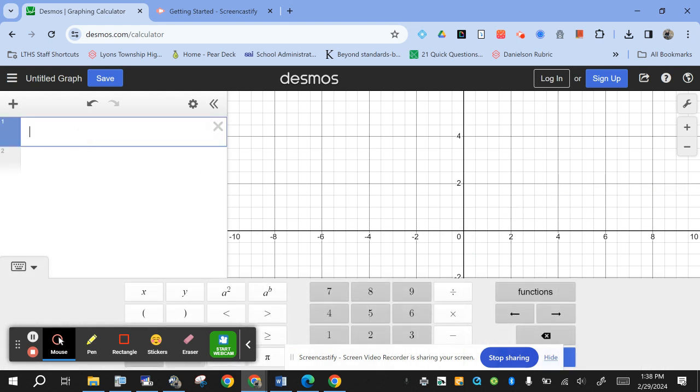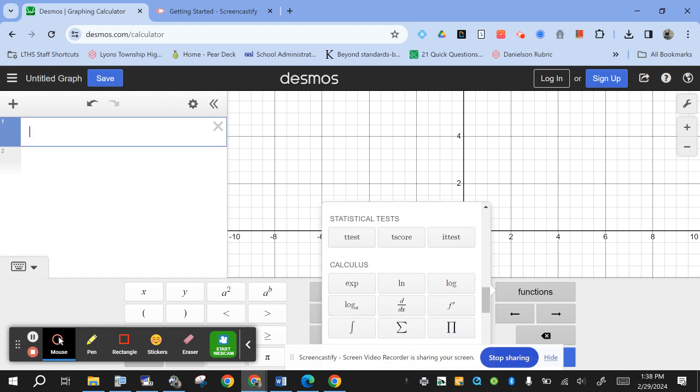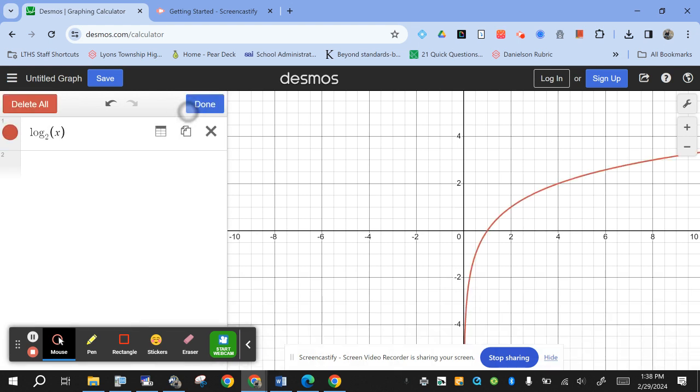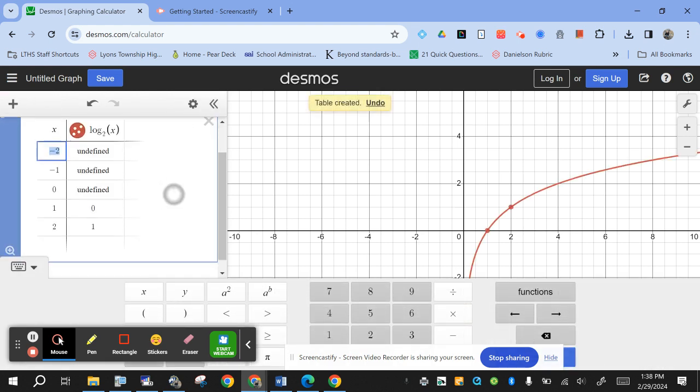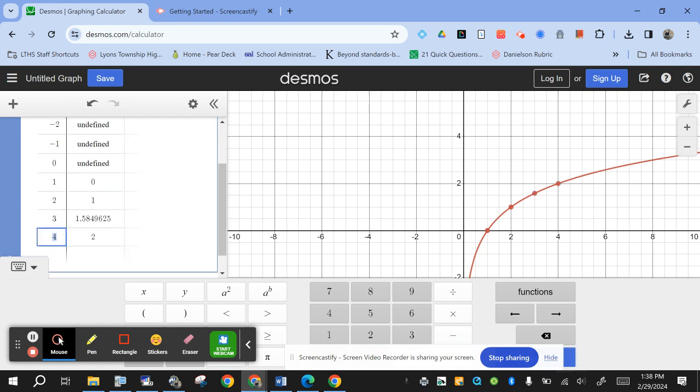So to enter the log, I'm going to go to functions, scroll down to log base 2 of x, get my table. Again, I'm going to need some more numbers, so I'm going to use (1, 0), (2, 1), and (4, 2).